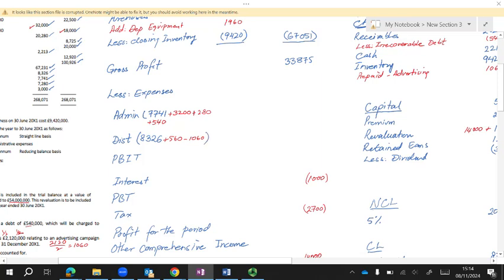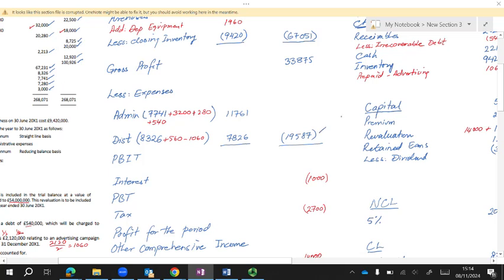Total of distribution is 7826. Total of administration expense is 11761. If we add both of them, it is 19,587.